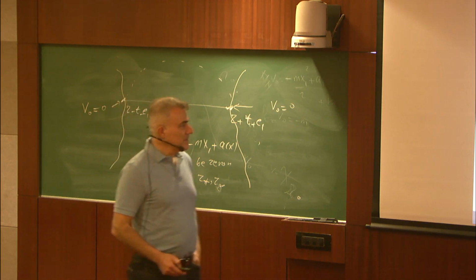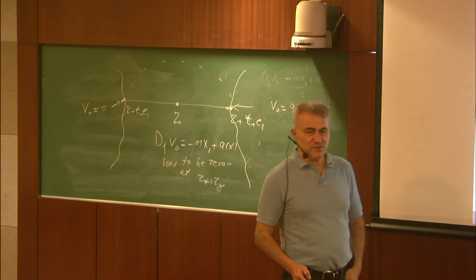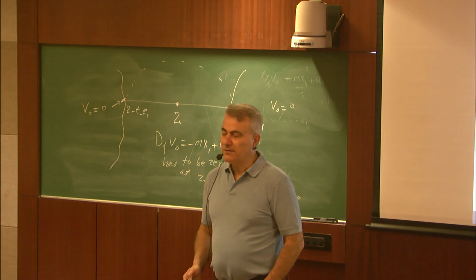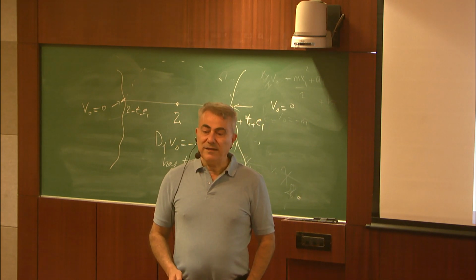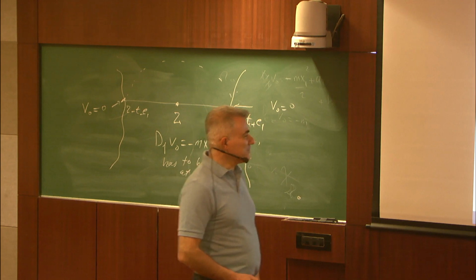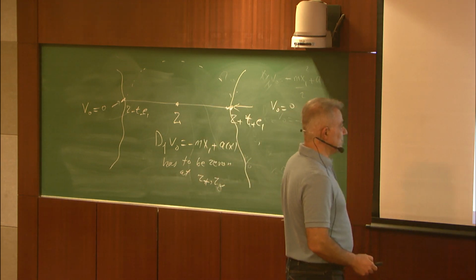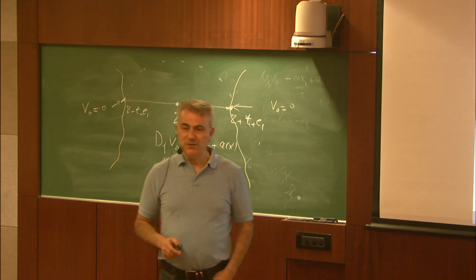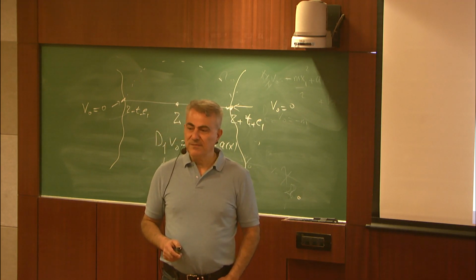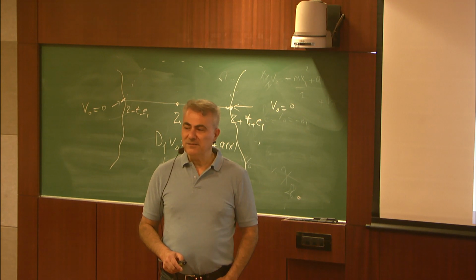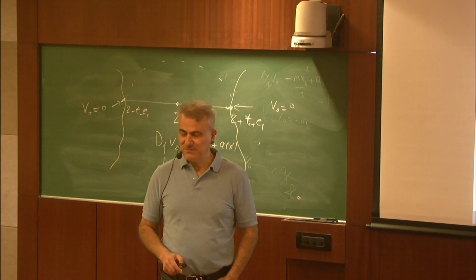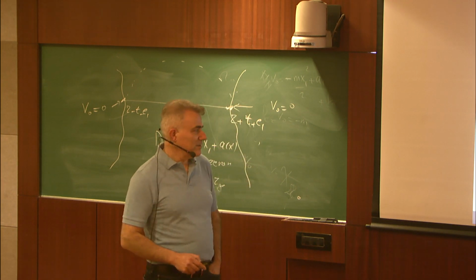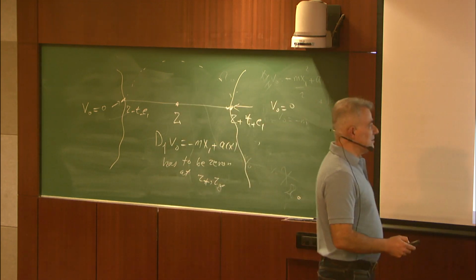Okay. So what we have shown is that U0 is convex. So we're in case 2 now. Let me go back.